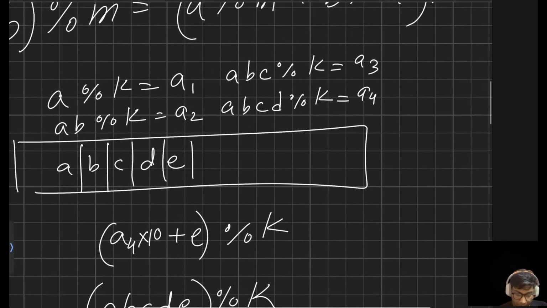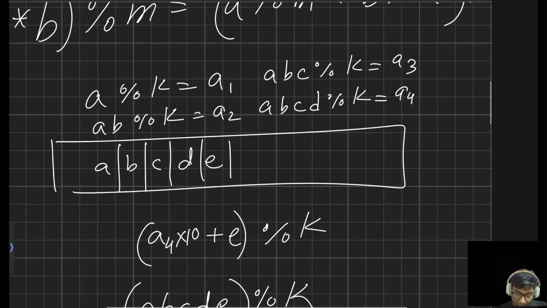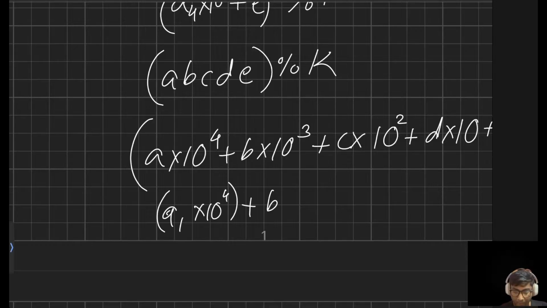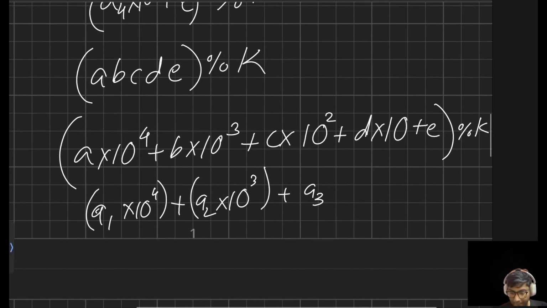Now we know that a modulo k is a1. So a1 into 10 to the power 4 mod k plus, I mean, this should be a2, plus a3, then square.